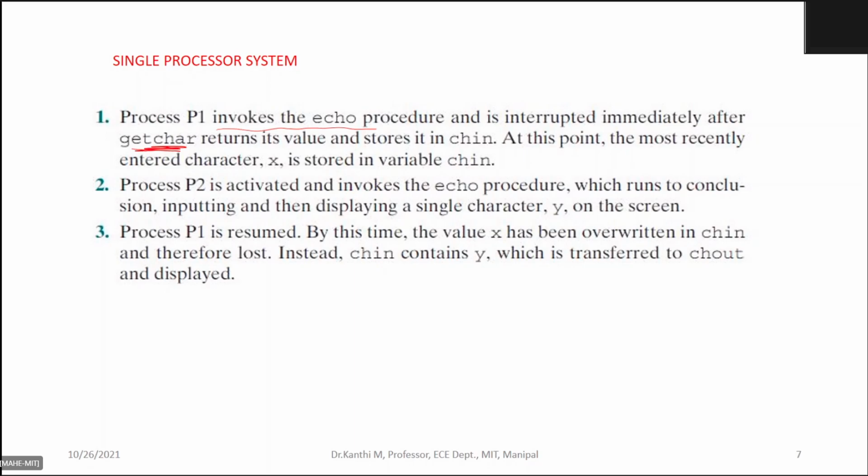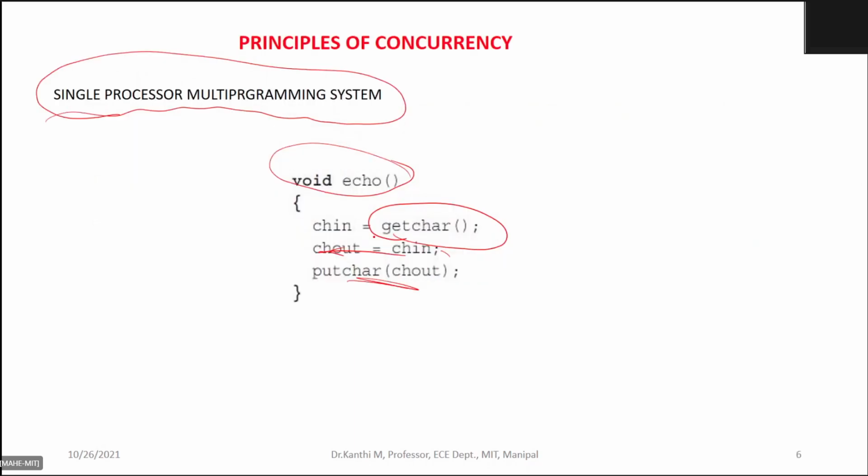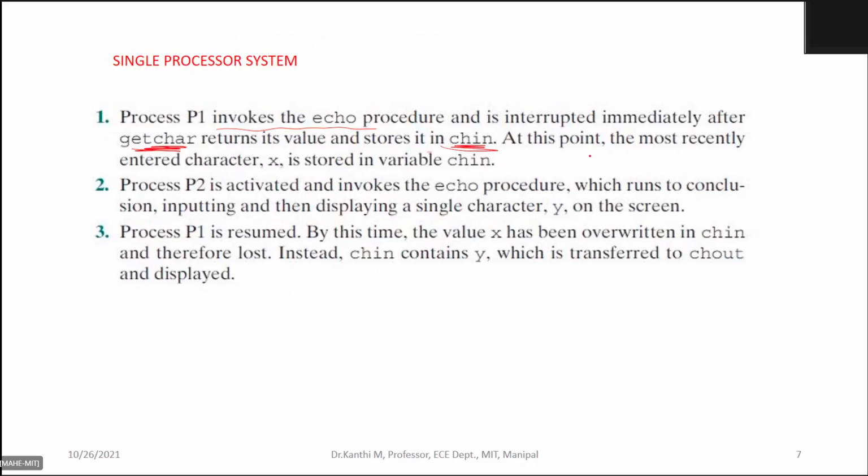If it is interrupted after executing the statement, then it returns its value and stores it in the particular variable. For example, at this point, the recently entered character could be X, which is stored in your variable name.